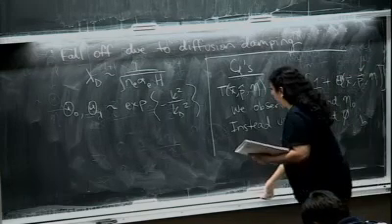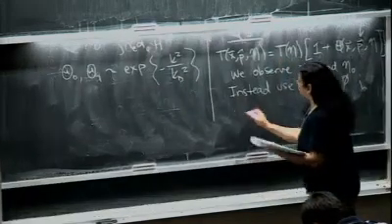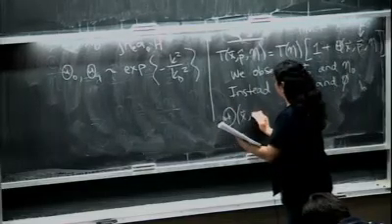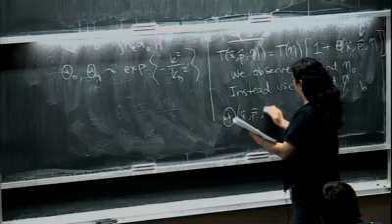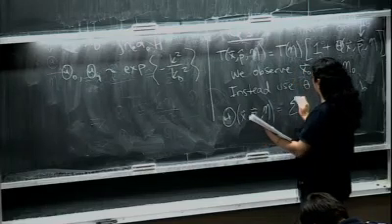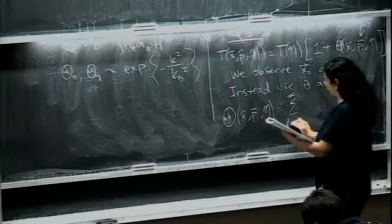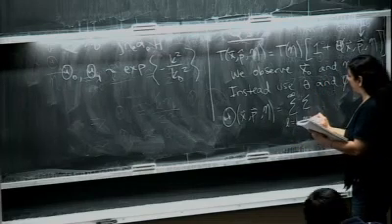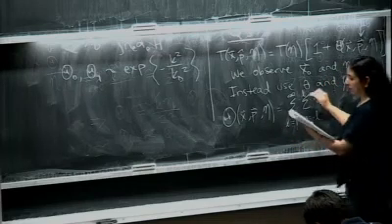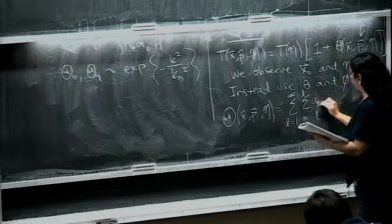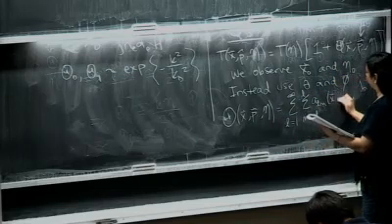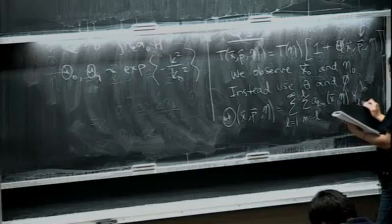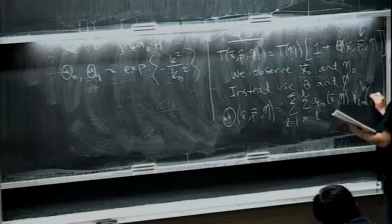And I can rewrite theta in terms of these spherical harmonics, sum over L going from 1 to infinity, m going from minus L to L. And then I have these things called a_LM and a Y_LM.